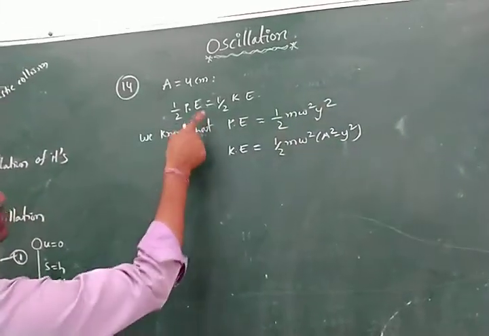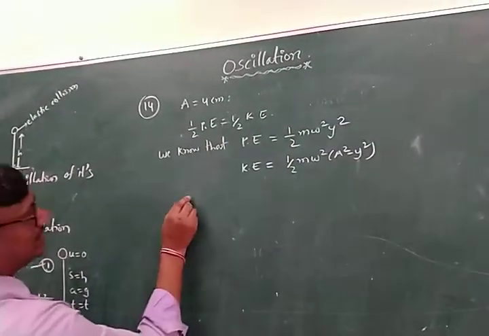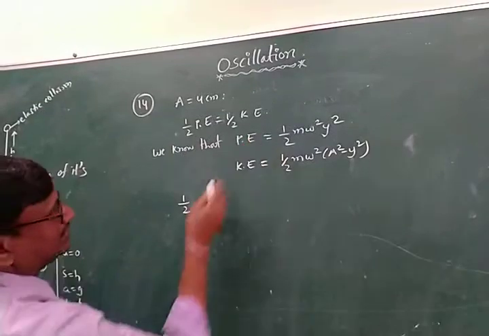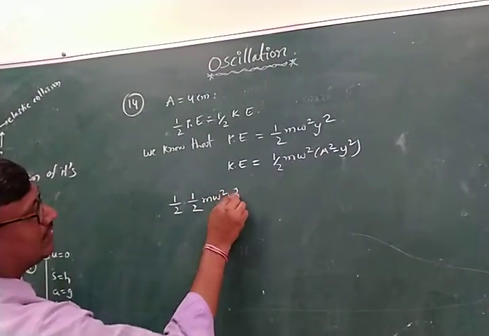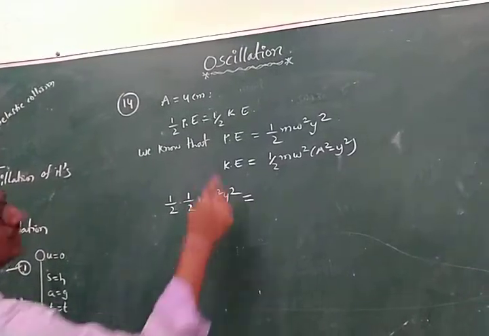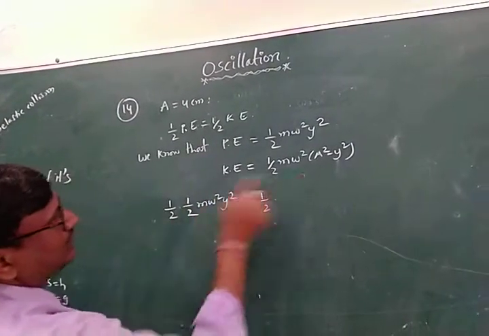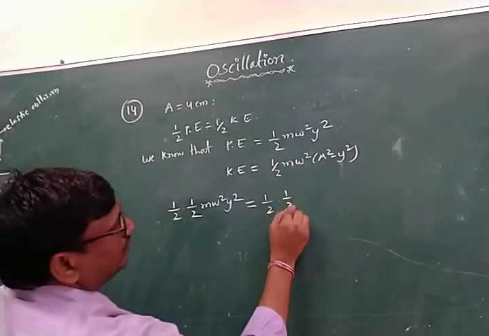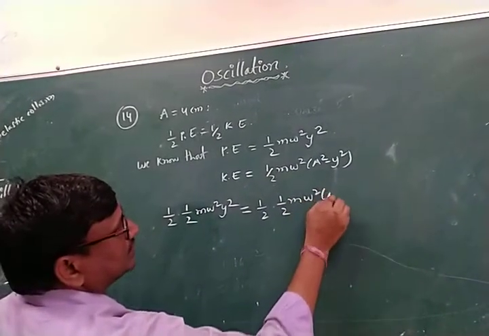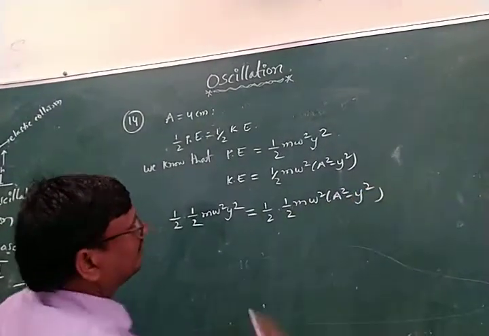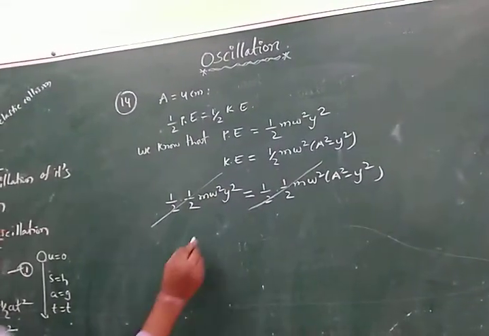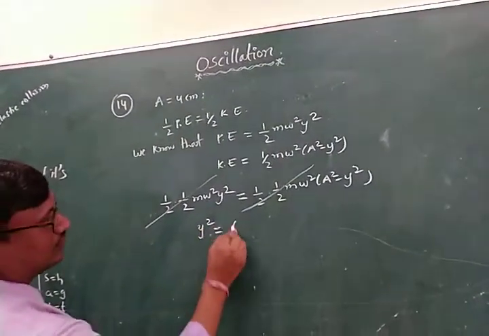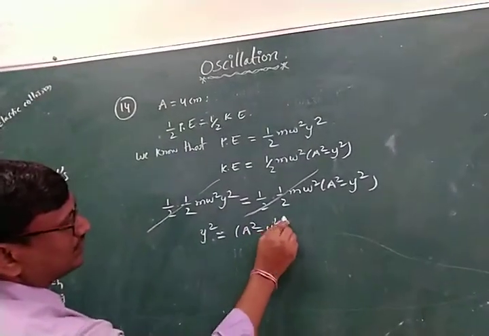Substituting these two equations: half of the potential energy, 1 by 2 m omega square y square, is equal to half of the kinetic energy, 1 by 2 m omega square into a square minus y square. Now the half m omega square cancels, so y square is equal to a square minus y square.